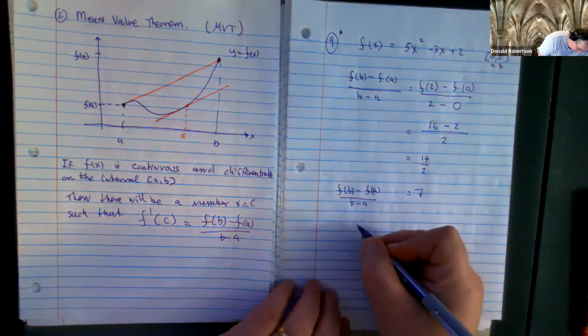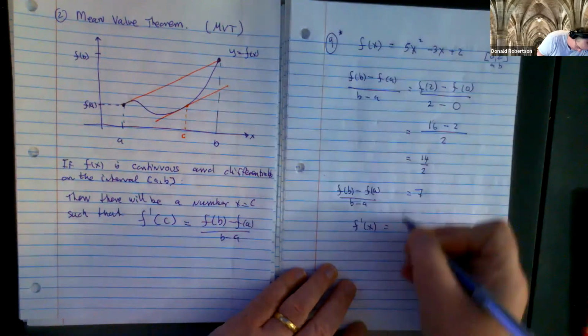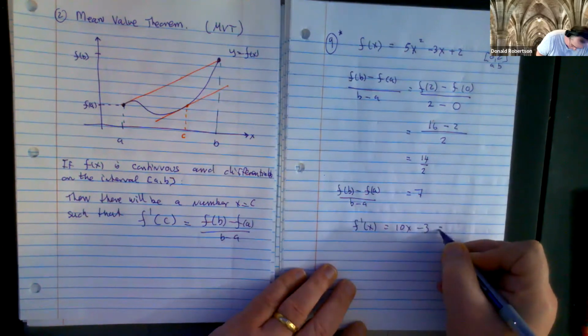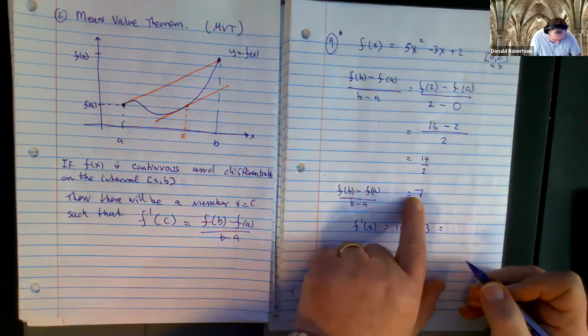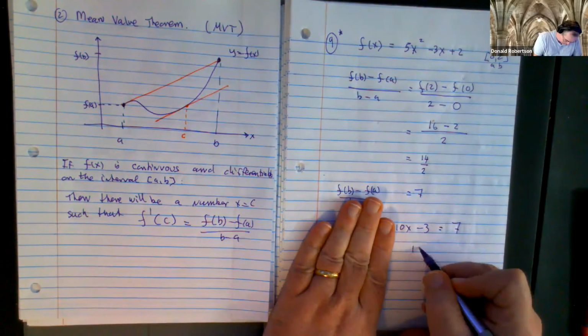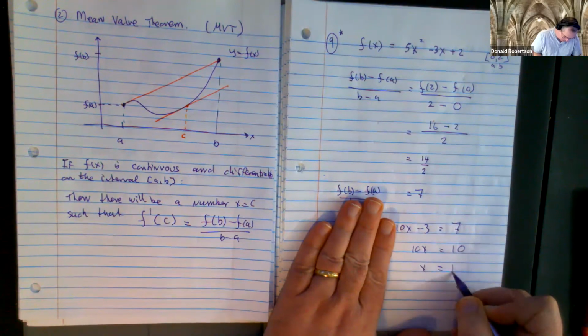So we need to now find the derivative, which is basically 10x take away 3. And we are after, when is the derivative equal to this number, 7? Well, how about add 3 to both sides and then divide by 10?